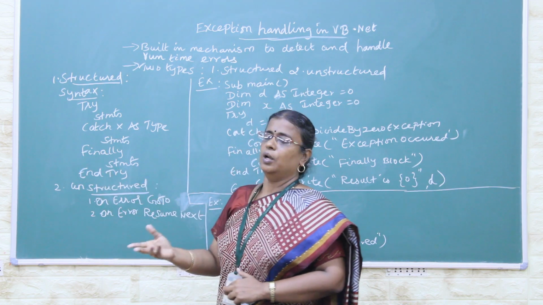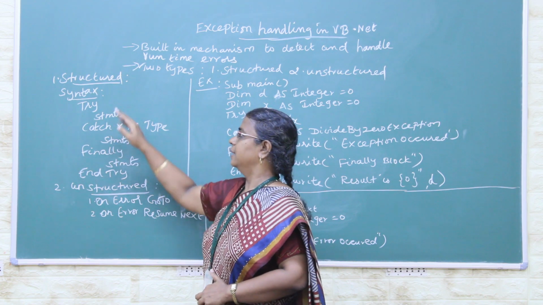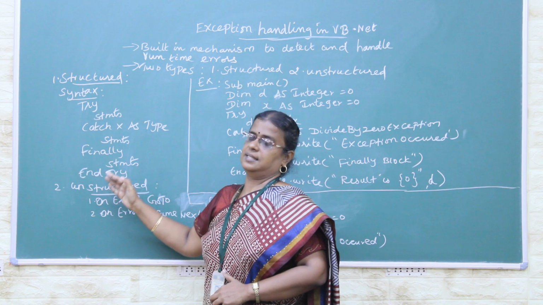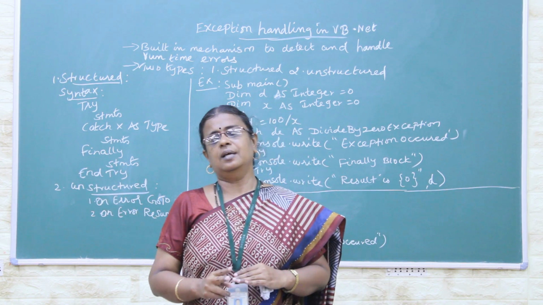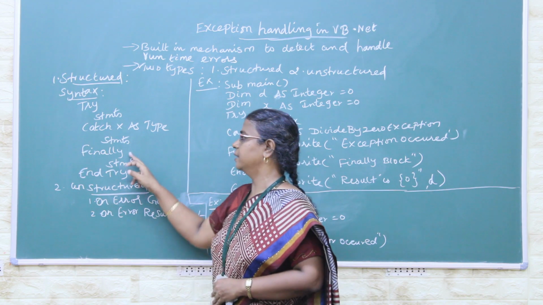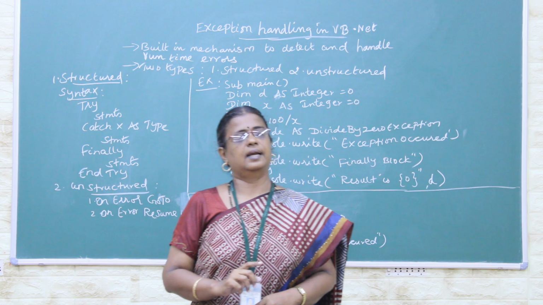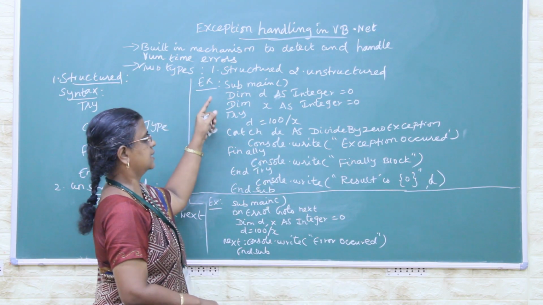If no exception rises inside the Try block, then the control directly transfers to the Finally statements. So in either of the two conditions, the statements following the Finally keyword will always be executed. Now we can see one example for this concept.